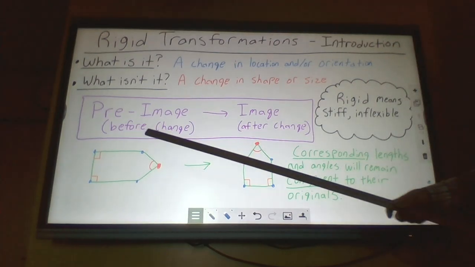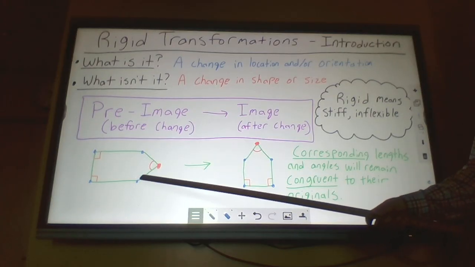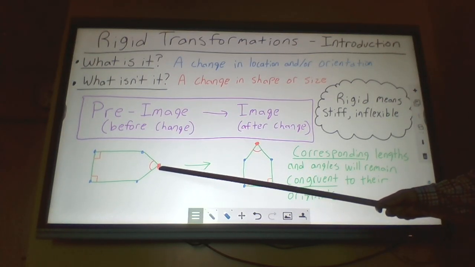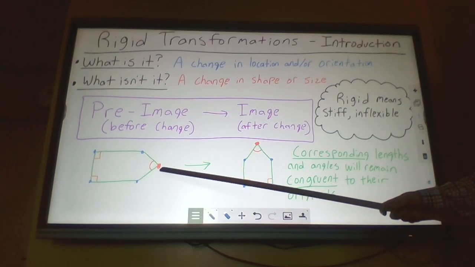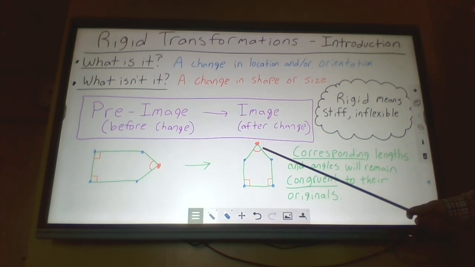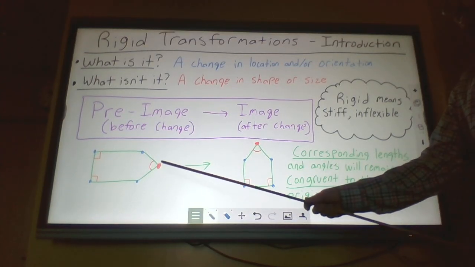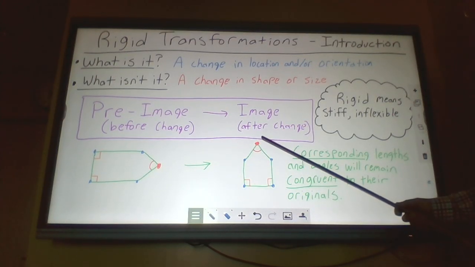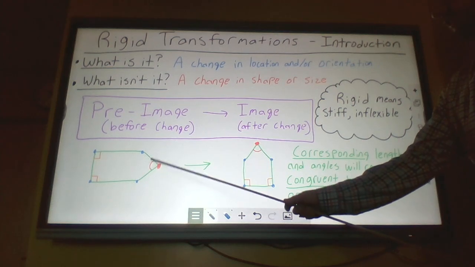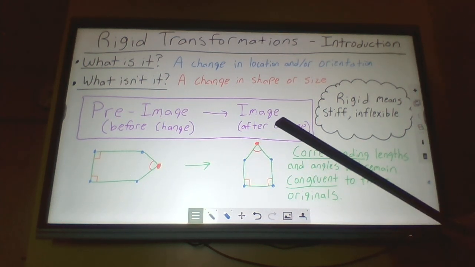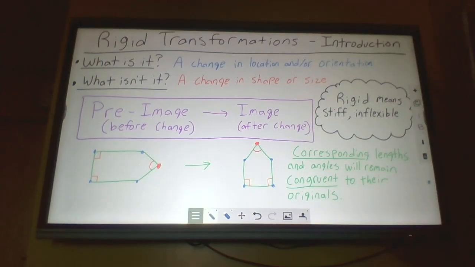So in other words, if we take this pre-image here, where we have this image in which the red dot is out on the right side, and then we rotate it so that the red dot is now on top, we still have those corresponding points, and the angle measure of that corresponding angle is going to be exactly the same as the original.